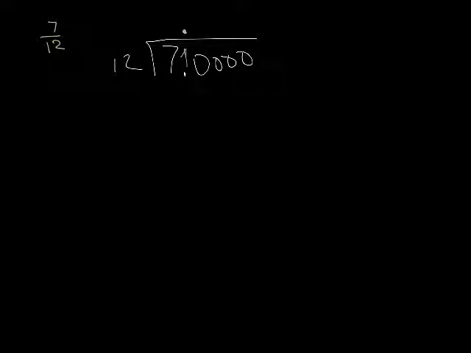So 12 goes into 70 5 times. 5 times 12 is 60. We have 10 left over. 12 does not go into 10. Bring down a 0. 12 goes into 100 8 times. 8 times 12 is 96.